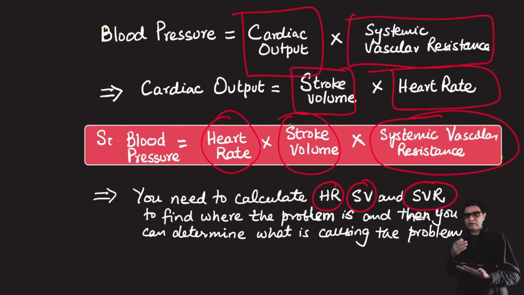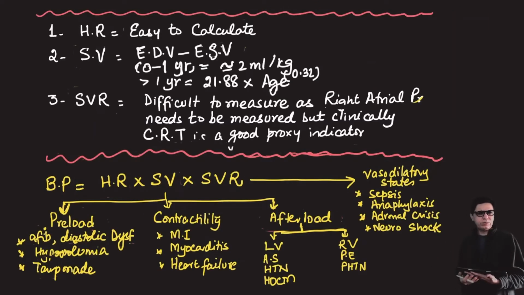And that helps you in knowing the underlying cause, because different causes would affect different factors. So you need to determine heart rate, stroke volume and systemic vascular resistance if you want to know what is causing the shock. This is very, very, very important. And I will tell you how we calculate all these things. Now, heart rate, it's very simple to calculate.